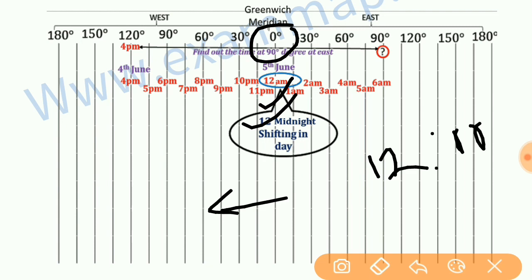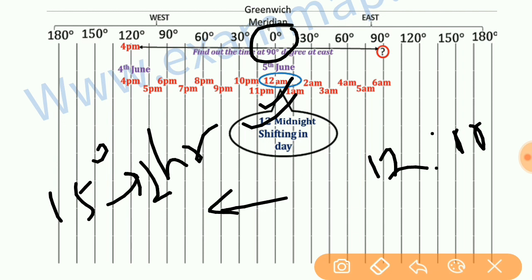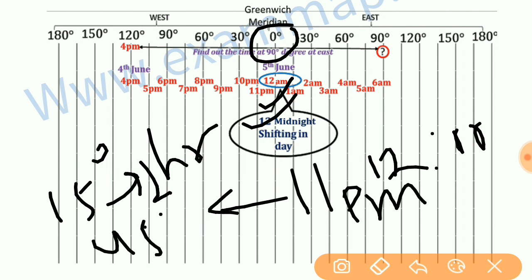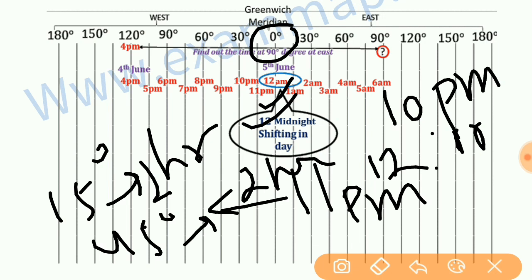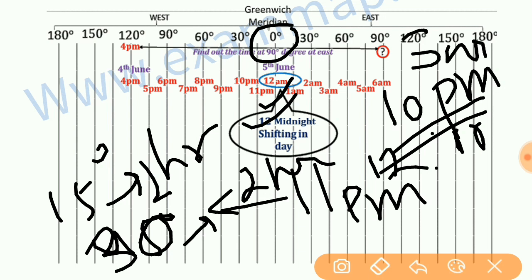At 15 degrees the difference is 1 hour, so subtracting from 12 noon gives 11 a.m. At 30 degrees, a 2 hour gap, we will have 10 a.m. At 45 degrees, a 3 hour difference, it will be 9 a.m.